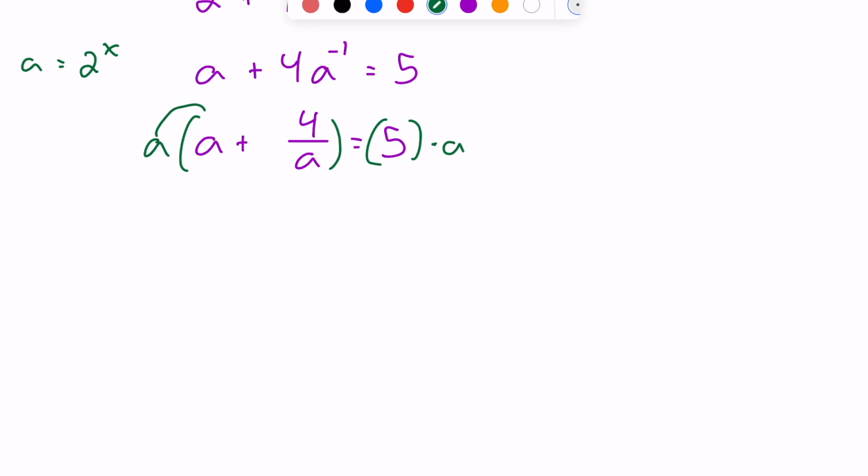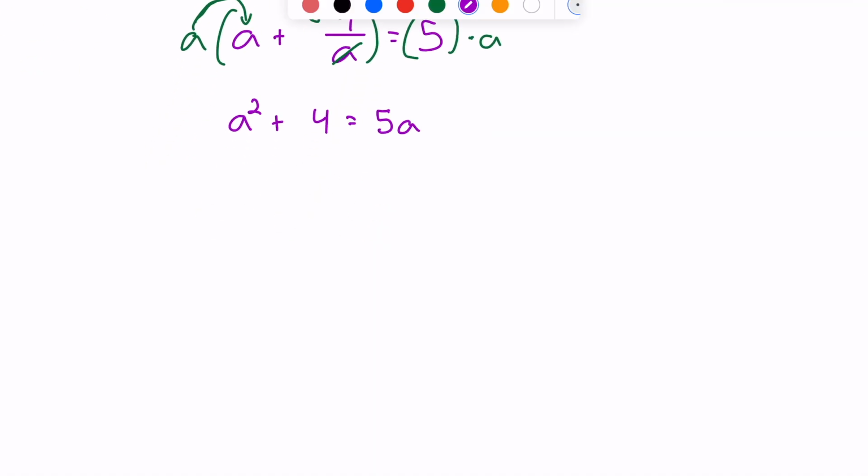So that means this a will go to here, and I'll get a squared plus, well, now that a will go to this 4, and it will cancel out. So that's why you get plus 4, and we succeeded. We got rid of the denominator. And on the right-hand side, we have 5a.